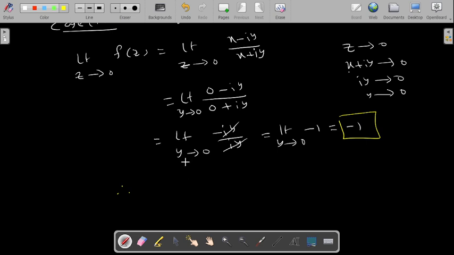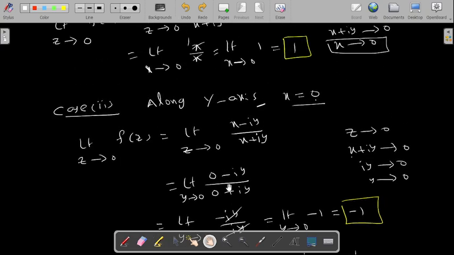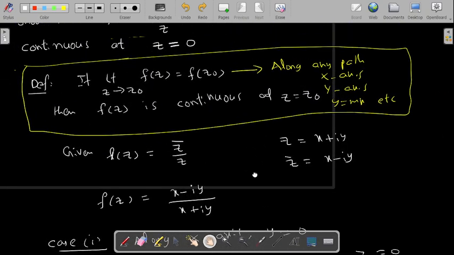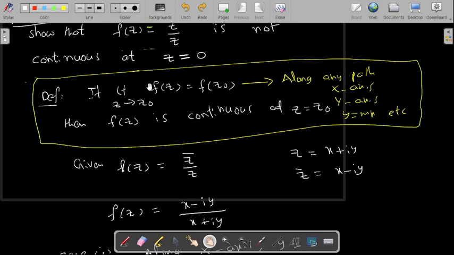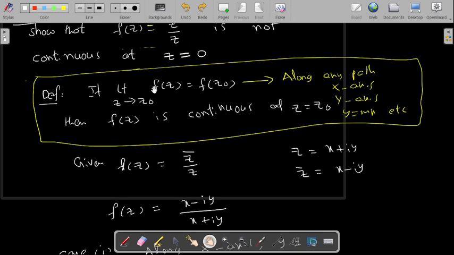Therefore, limit z tends to 0, f of z does not exist at 0. Come to this definition: this value should equal f of z naught, but this limit does not exist.